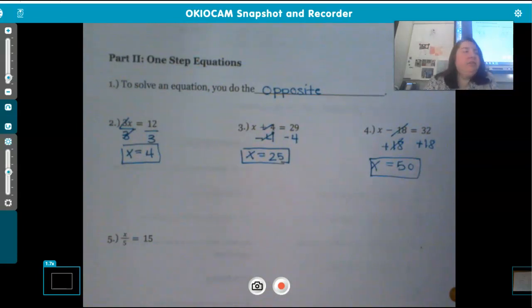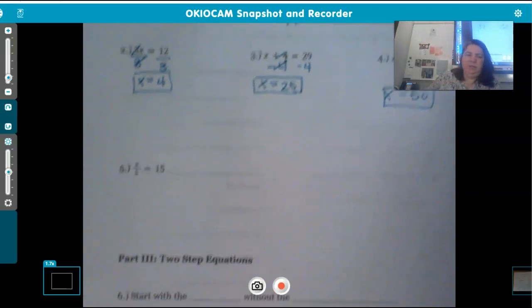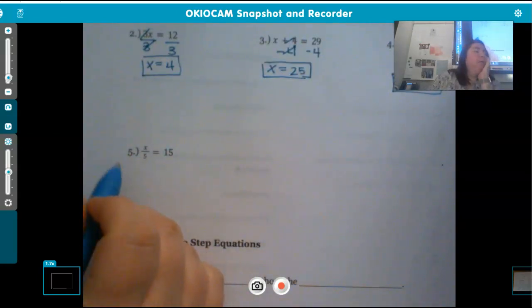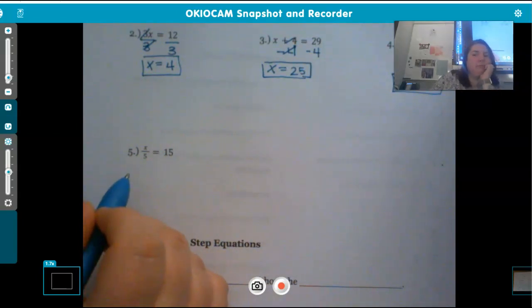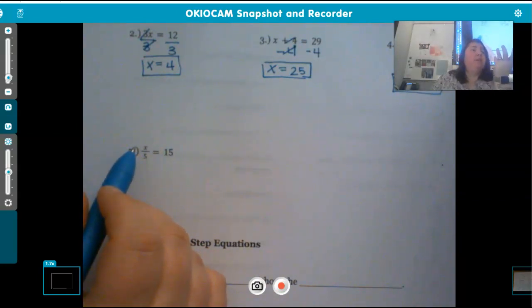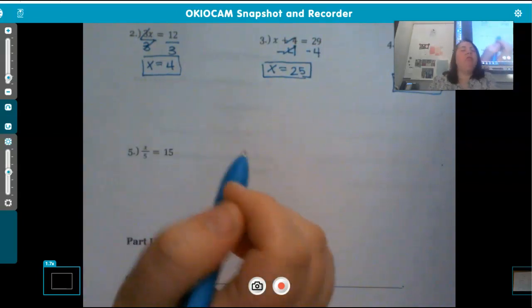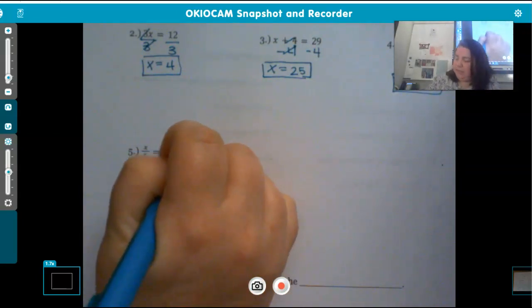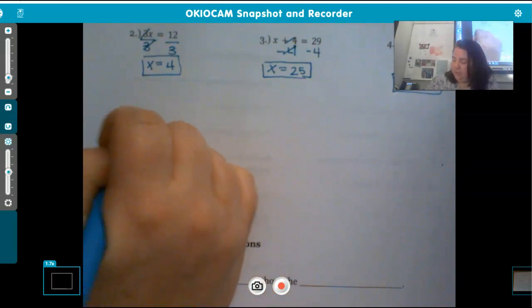Number 5, x over 5 equals 15. What is it asking us to do as it is written? Divide. When I have one over the other, that means division. So then what's our opposite? Yeah, multiplication. What am I multiplying by? 5, because that is what is over here with my variable.